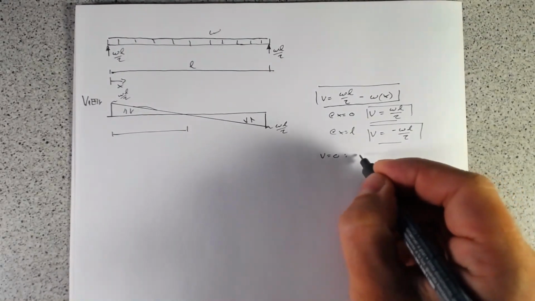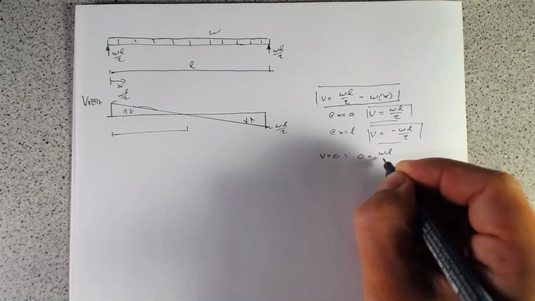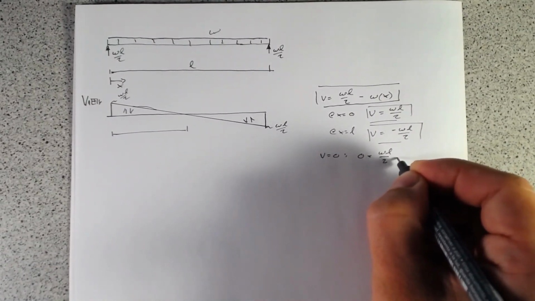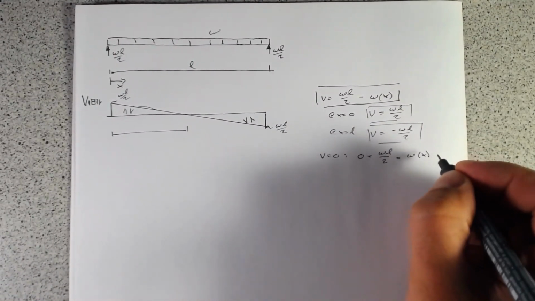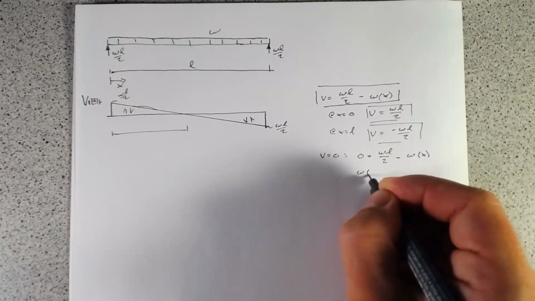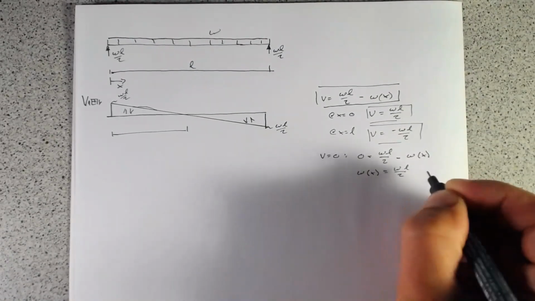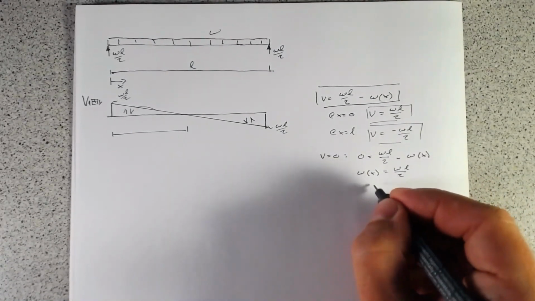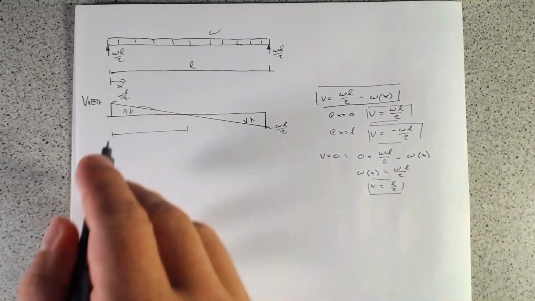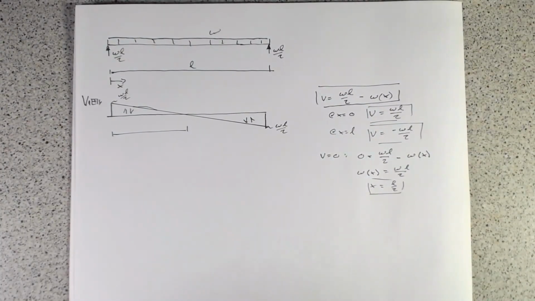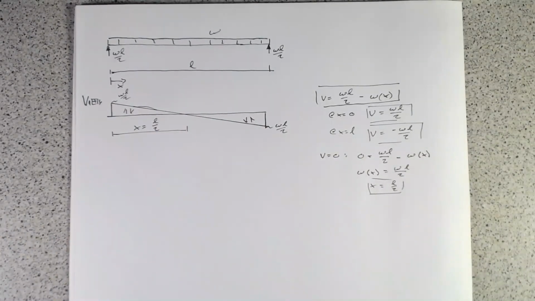So we have 0 equals WL over 2 minus W times X. So we get W times X equals WL over 2. And then we can divide out. We get X equals L over 2. So we know that V is going to be 0 at X equals L over 2.